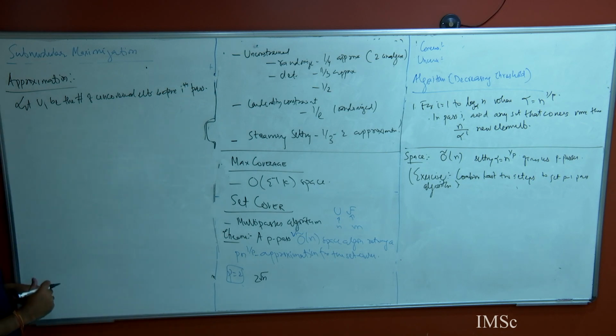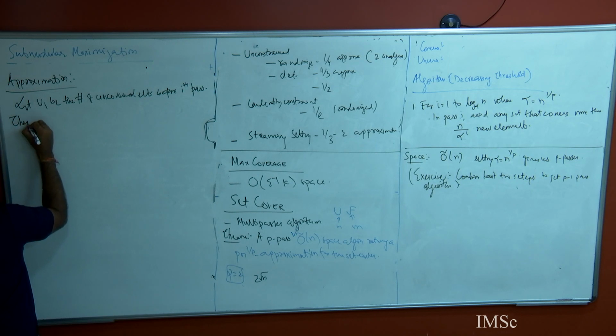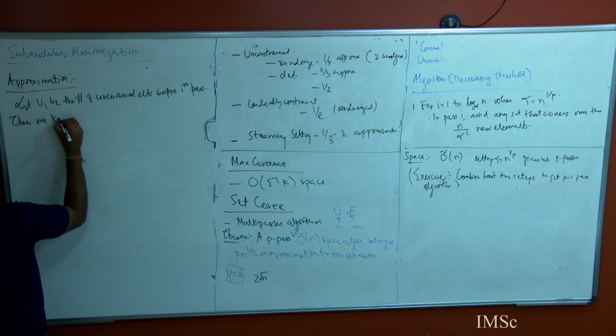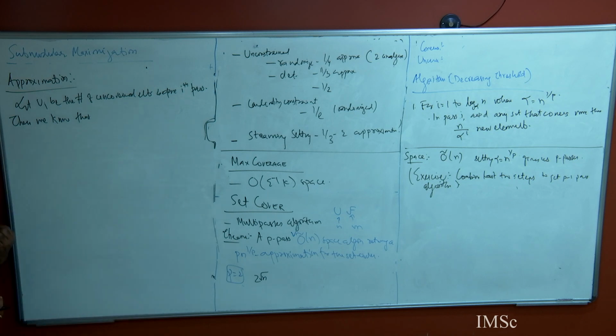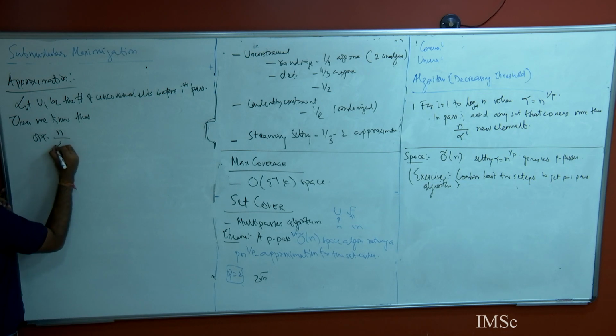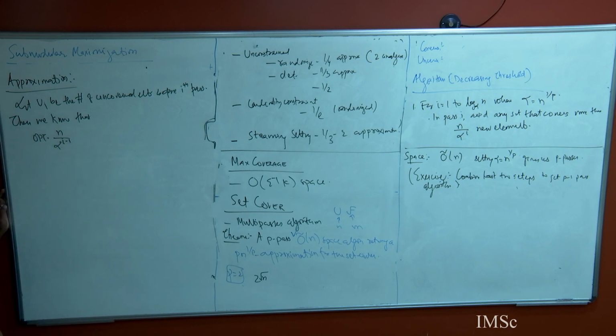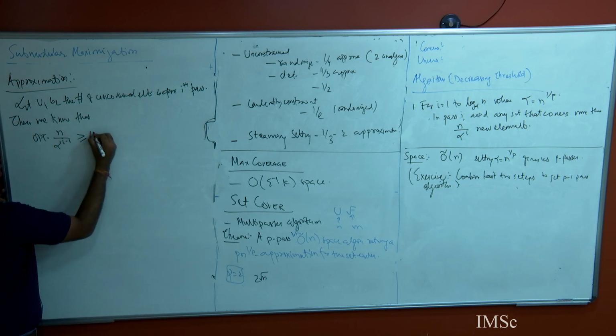Then what do we know? Just before the ith pass, I can say that opt times n by alpha to the i minus 1 is at least ui.